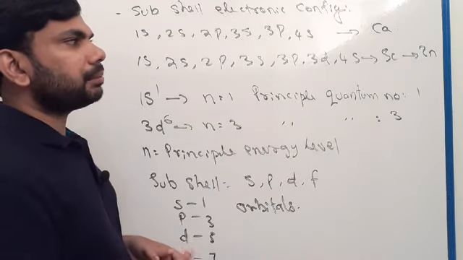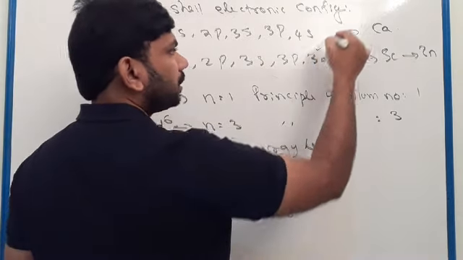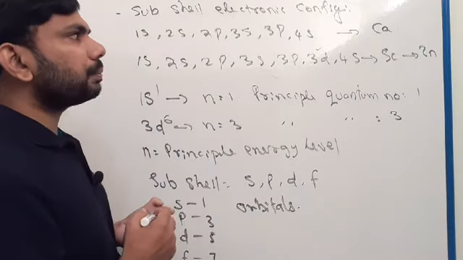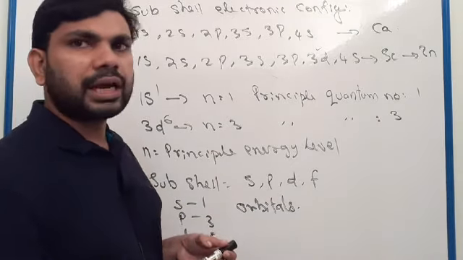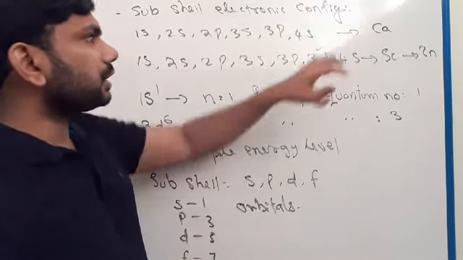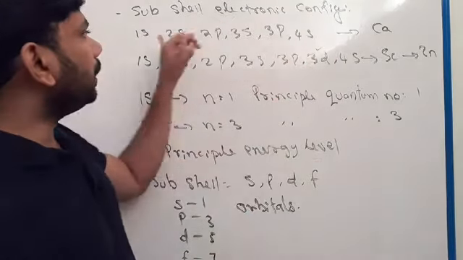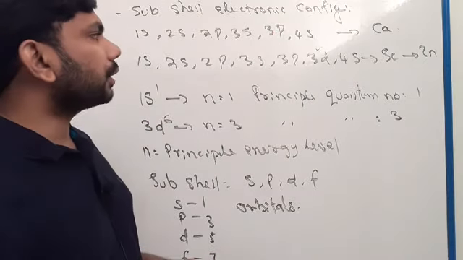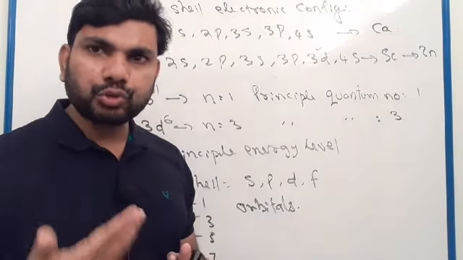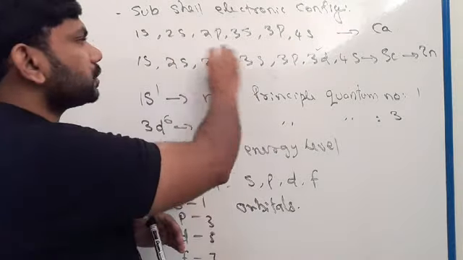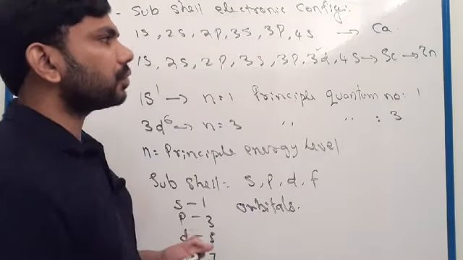But after calcium, the 3d orbital is coming. Till atomic number 20 we follow the previous order. After atomic number 20 we write 1s, 2s, 2p, 3s, 3p, 3d, 4s.